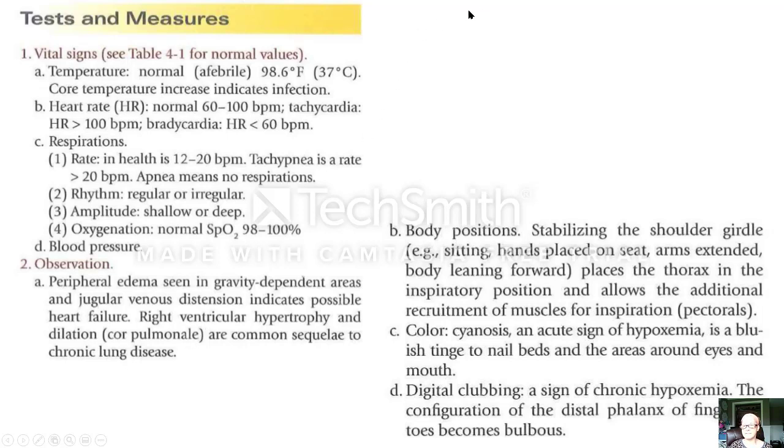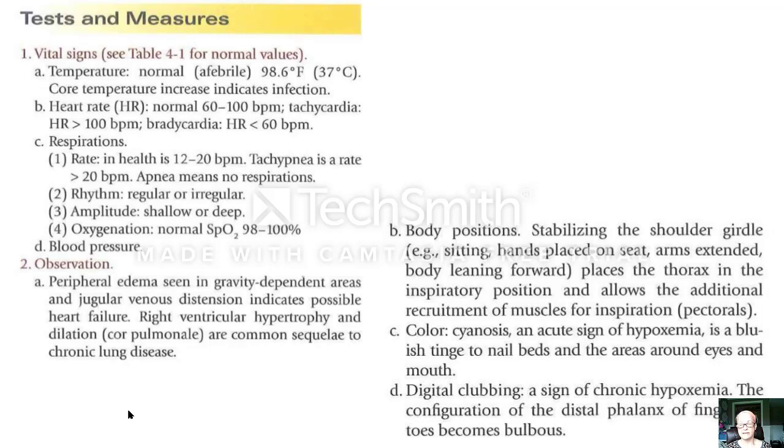Body position, stabilizing the shoulder girdle: for example, sitting, hands placed on seat, arms extended, body leaning forward. This places the thorax in an inspiratory position and allows the additional recruitment of muscles for inspiration, such as the pectorals.